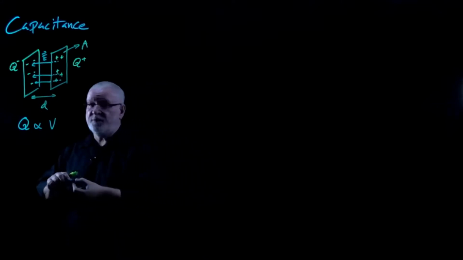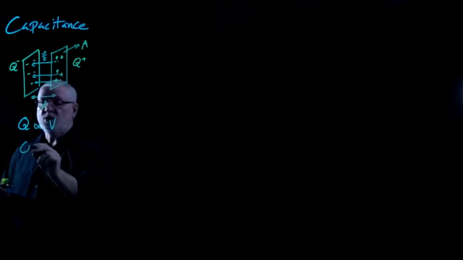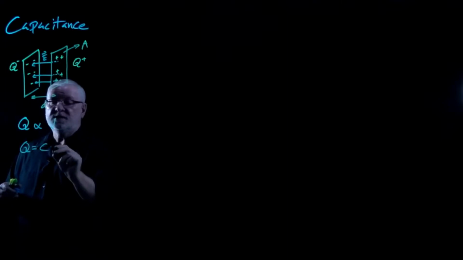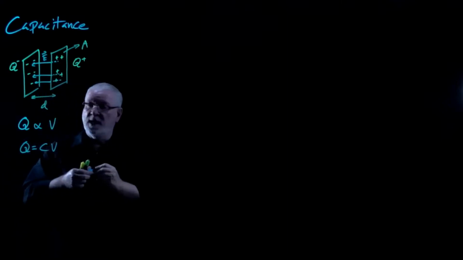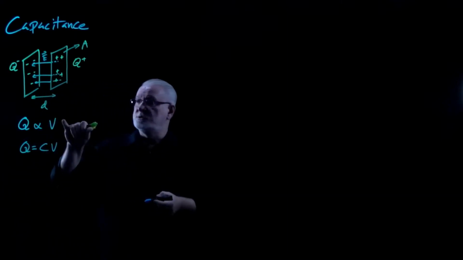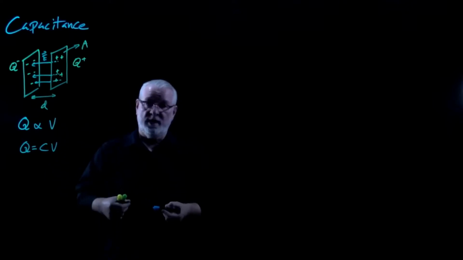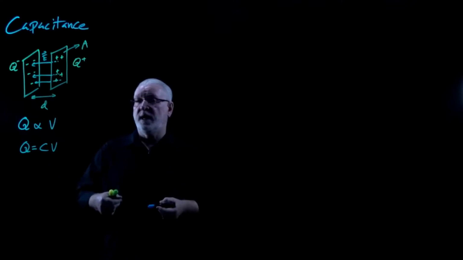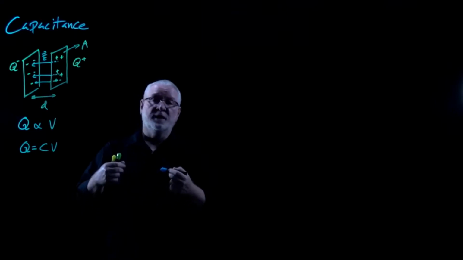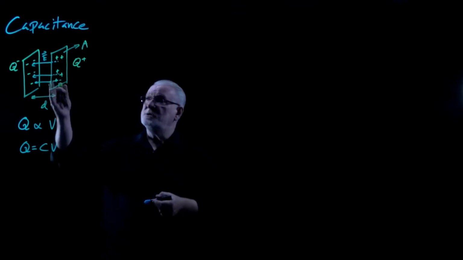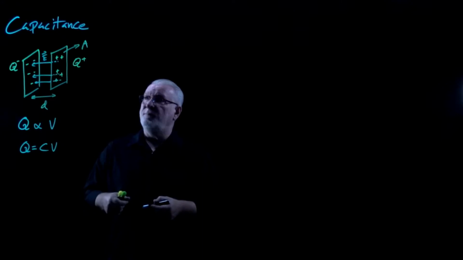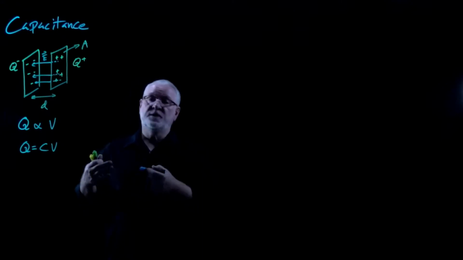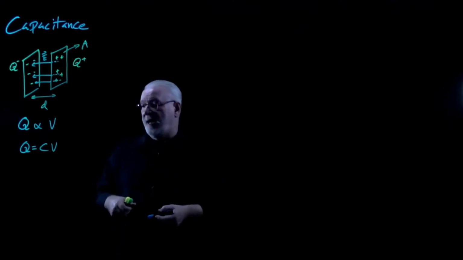And that function will be CV, so that Q will equal CV. C then is the constant of proportionality that turns this proportion into an equation. That constant of proportionality then is called the capacitance. And it turns out it's only dependent upon the geometry of the structure that creates capacitance.